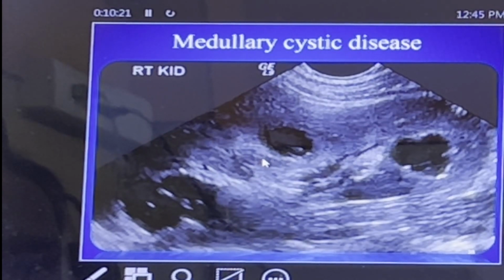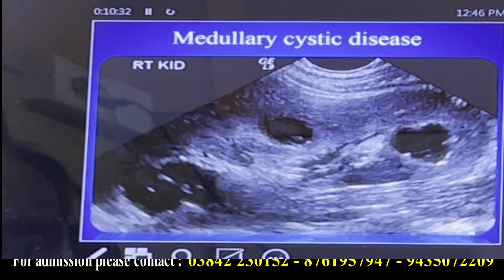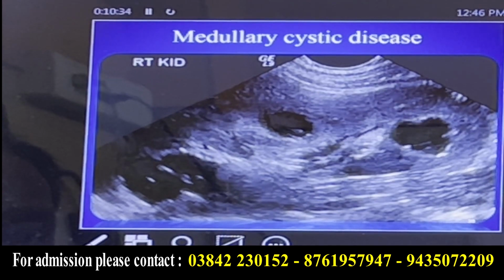The lumen of the cysts, being small, cannot be seen separately, and the closely placed bright walls match the echogenicity of the renal sinus, producing the apparent prominent sinuses.